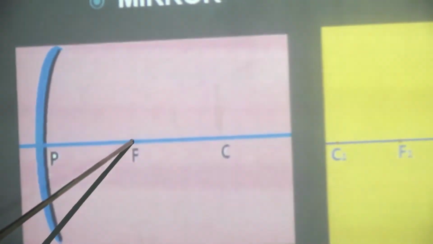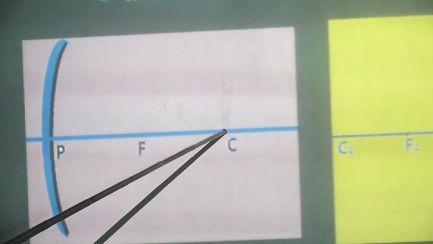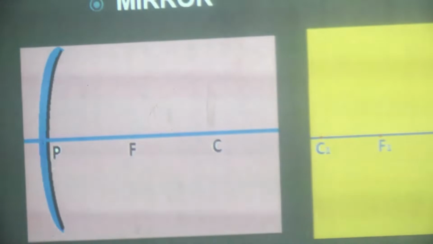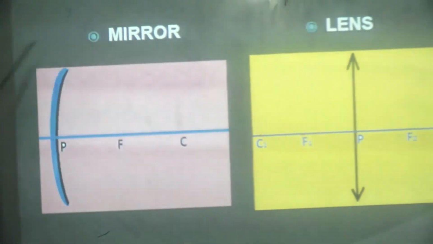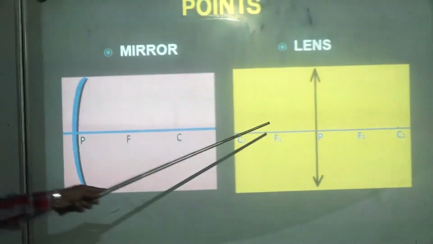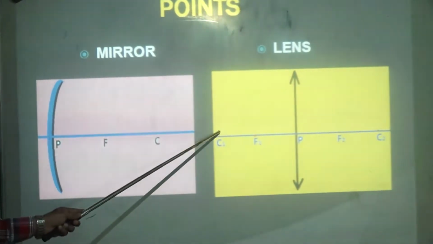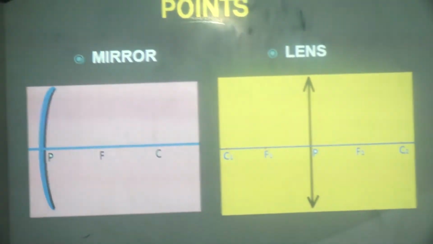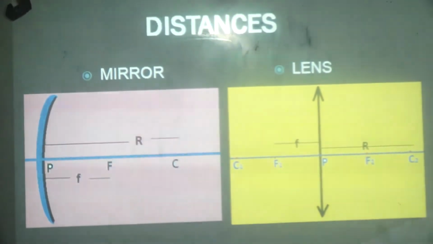F is the focus, C is the center of curvature. Center of curvature: we already discussed that the mirror is taken from a hollow sphere, so C is the center of the sphere. The same happens here also, with C1 and C2 as the centers of curvature.